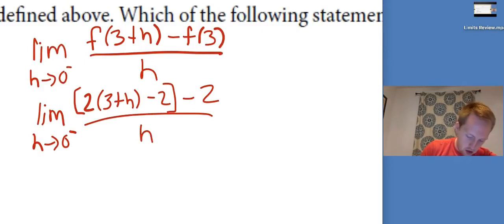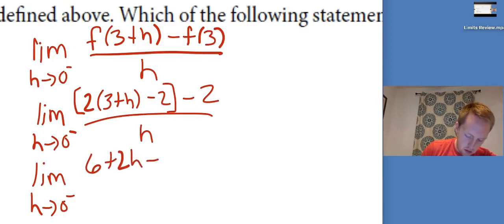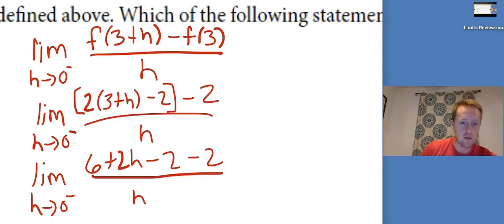Over h, that's the limit as h goes to 0 from the left. Distribute the 2, I've got 6 plus 2h minus 2 minus 2, all divided by h.